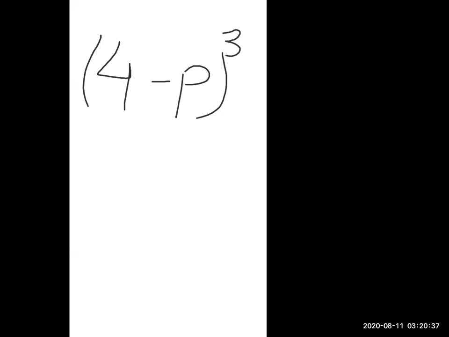What happened, Ashish Moite? Why is right given over there? Okay, everyone has given the right answer. The right answer is 64 minus 48p plus 12p square minus p cube. Very good. Everyone has given the right answer.